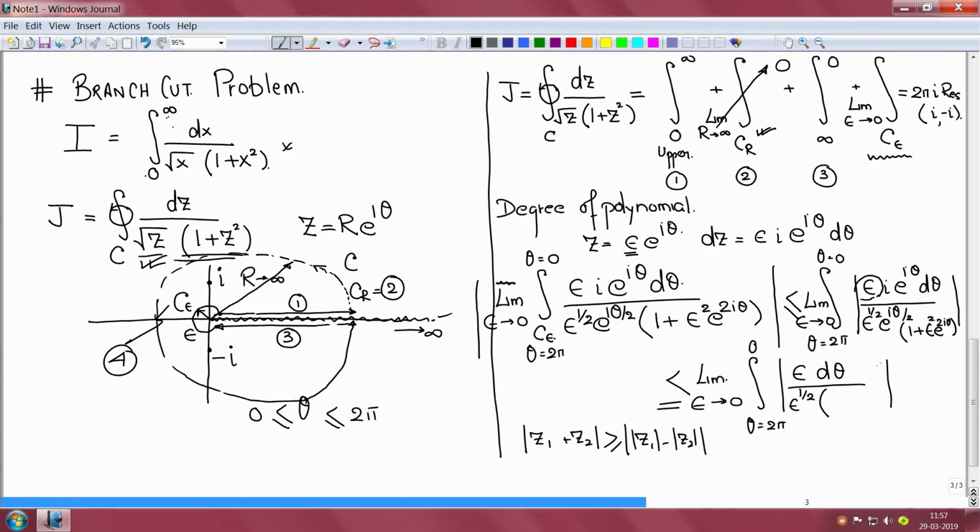So, here I have e to the power twice I theta, which I want to get rid of. So, what I write as 1 is the magnitude of 1 minus epsilon square.